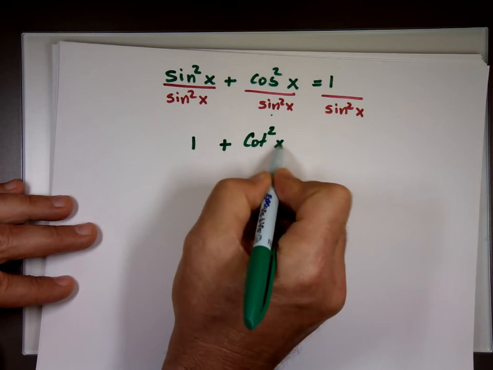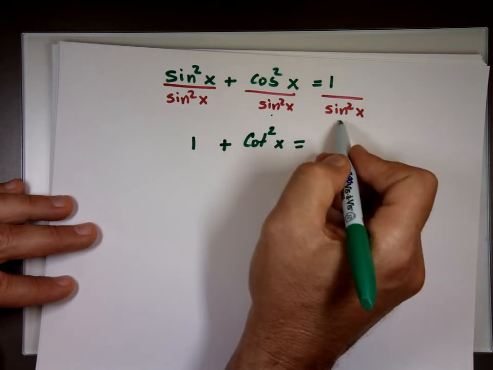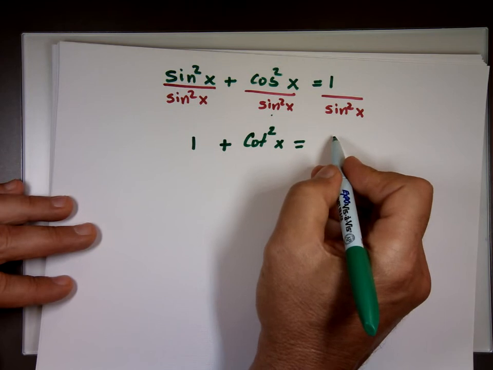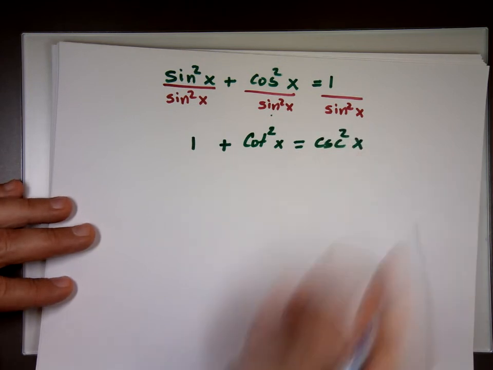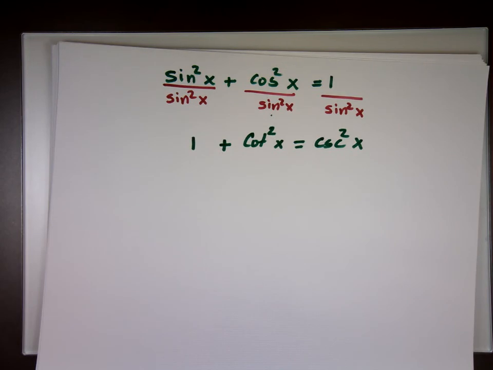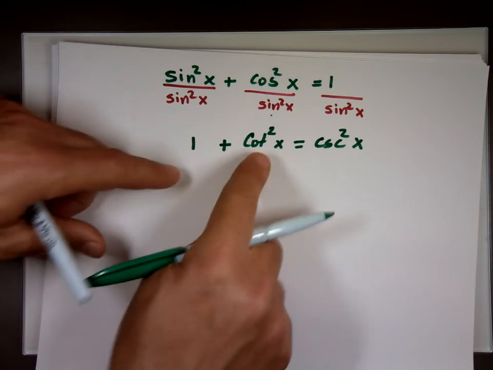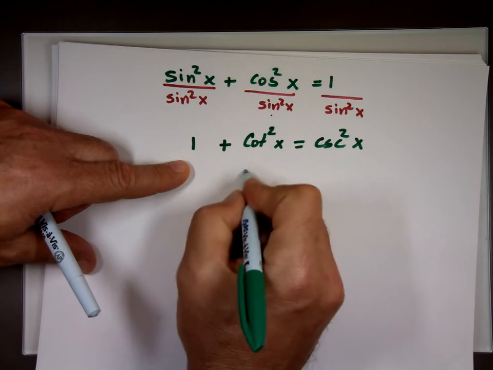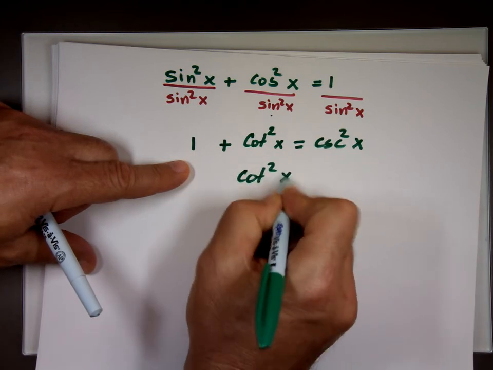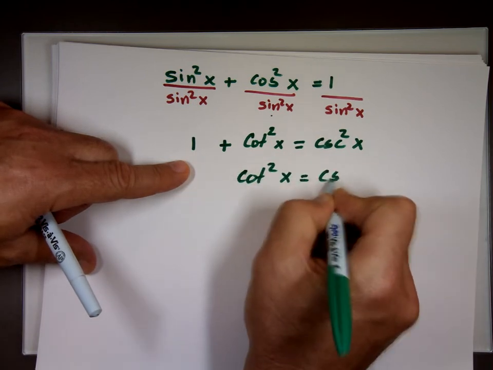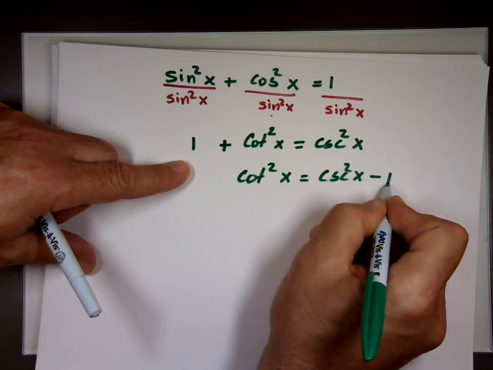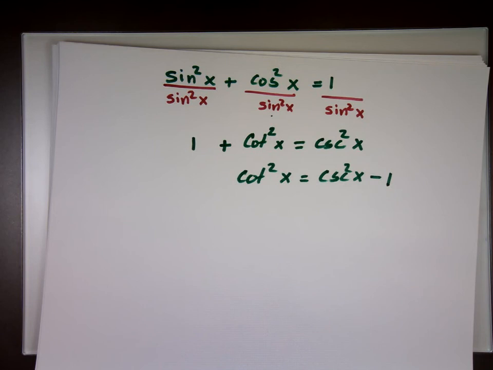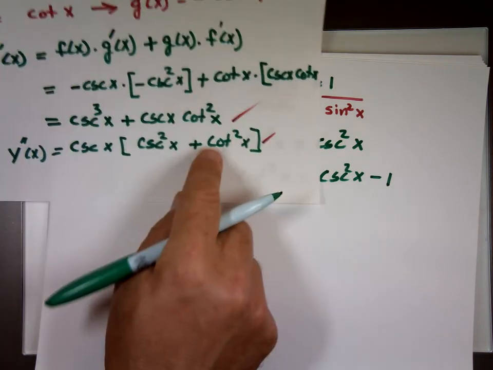What is 1 over sine? How about cosecant? So I was about to replace, notice if I play with the math here, I can write the cotangent squared x as cosecant squared x minus 1. And I was about to plug it in right here, so everything would be in terms of cosecant, but I guess they don't care.